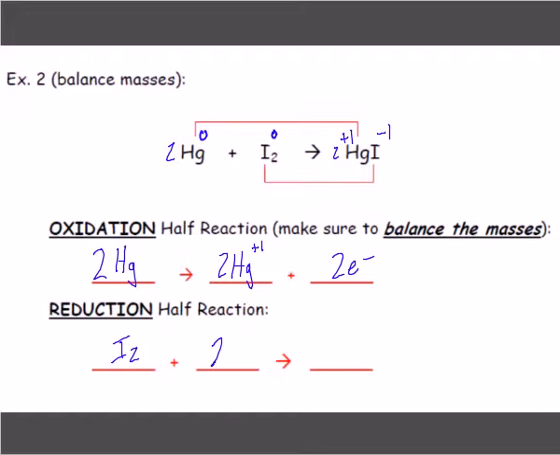How many? 2, because we have 2 atoms of iodine that are going to be balanced out, and then we have 2 iodide with our negative charge right there. Okay? So it's pieces that we've been doing all year long. Now we're just adding a new component in here, guys, with the electrons. Okay? Balancing out the charge, where we didn't necessarily do that with those net ionics that we talked about before, because they weren't redox, they weren't changing.